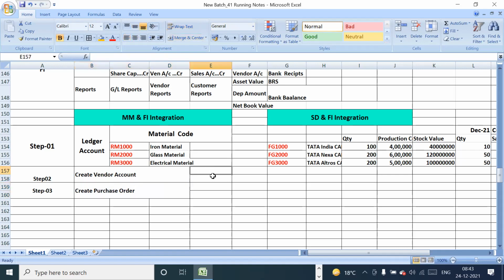Suppose I am going to buy this material from ABC vendor. I have to create one vendor code for that.